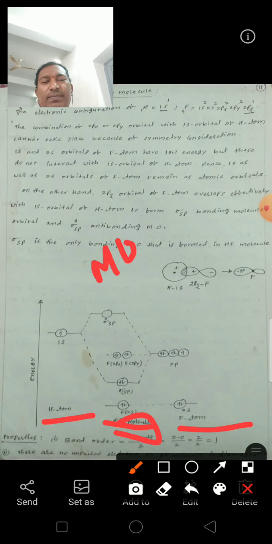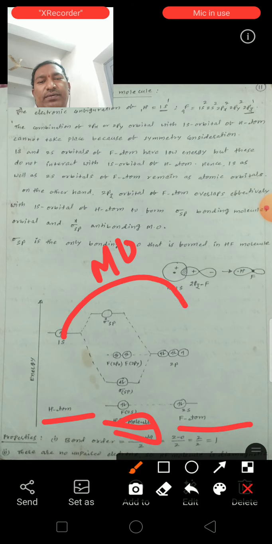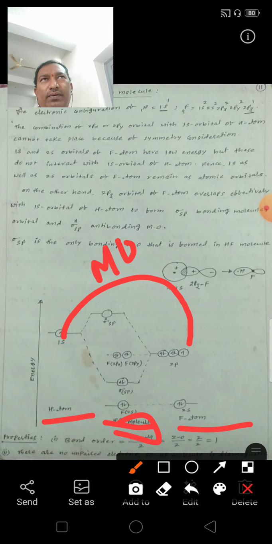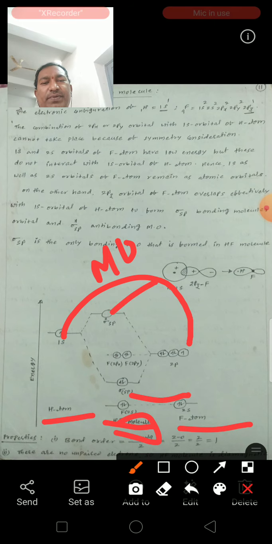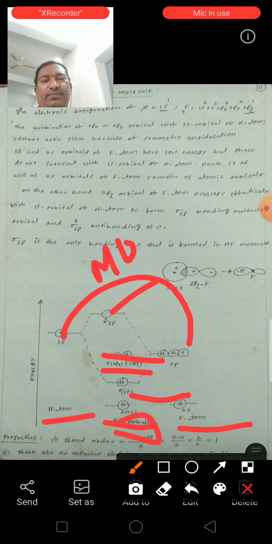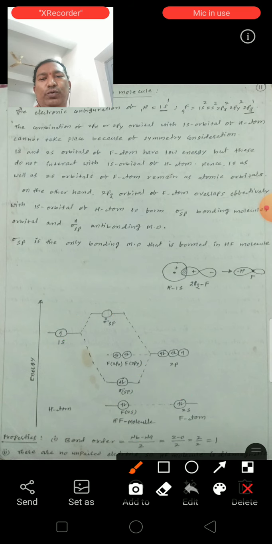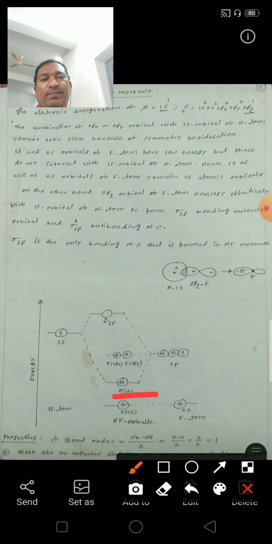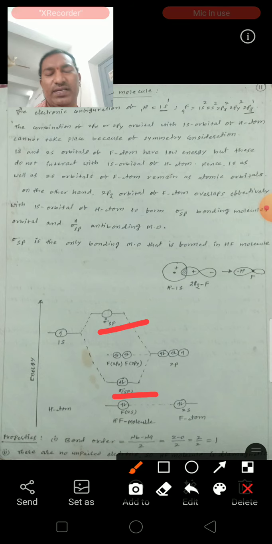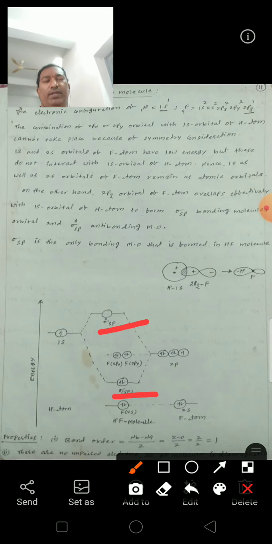Next, the 1s orbital and the 2pz orbital of fluorine combine to form 2 molecular orbitals, sigma sp and sigma star sp antibonding orbitals. The 2px and 2py orbitals of fluorine remain at constant energy.